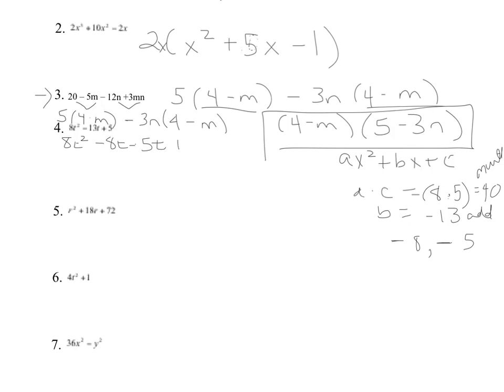Nothing else about this is going to change. All I did was change a trinomial into 4 terms. Now, double check, is this equivalent to what I started with? Because a negative 8t plus a negative 5t is a negative 13t. I've just rewritten it.